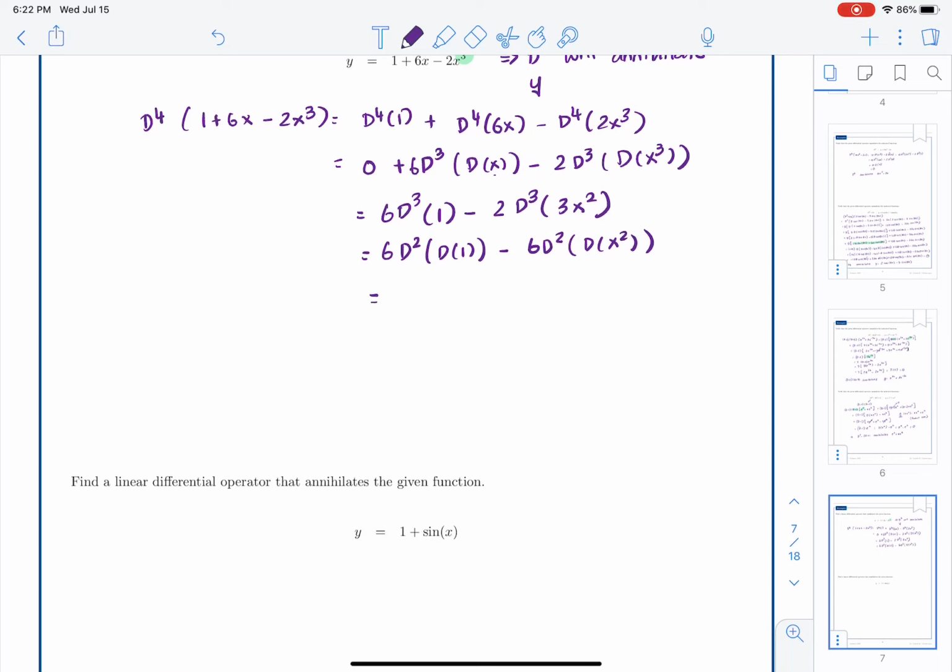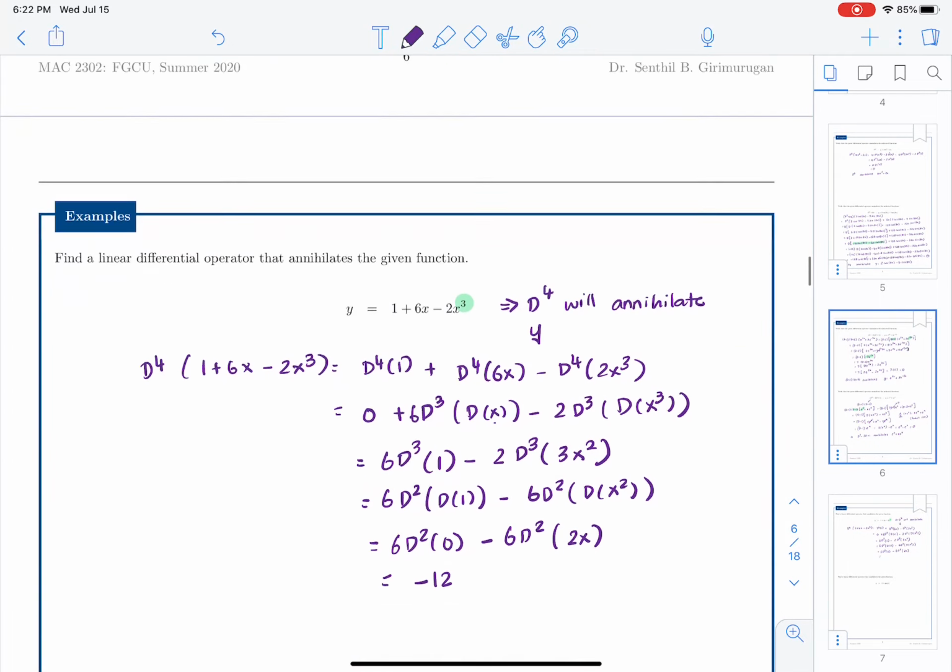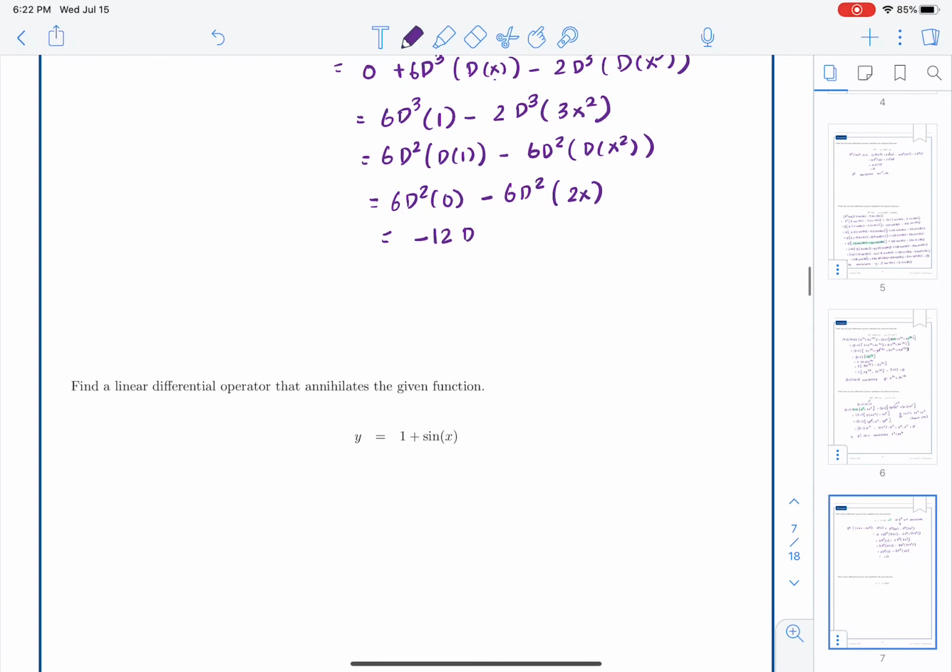Derivative of 1 is 0, 6 D squared times 0, minus 6 D squared times the derivative of x squared. I get 2x, so bring the 2 out. D squared x. So we would have negative 12 D of x.